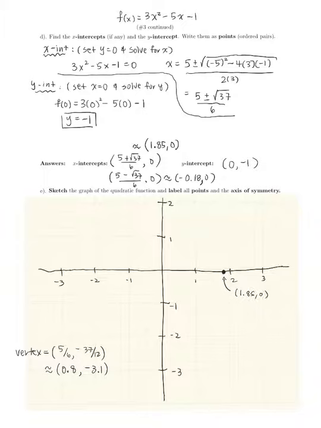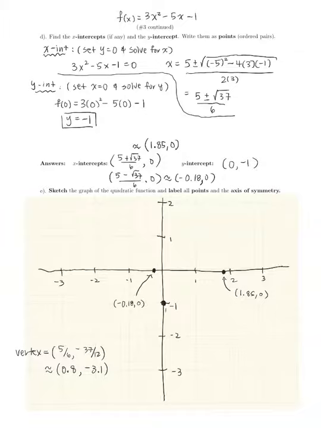And the second one is negative 0.18, so negative 0.2 approximately. Let's make this dot, my approximation for negative 0.18 comma 0. Now the y-intercept is the nice one. It's 0 comma negative 1, which will be right here.